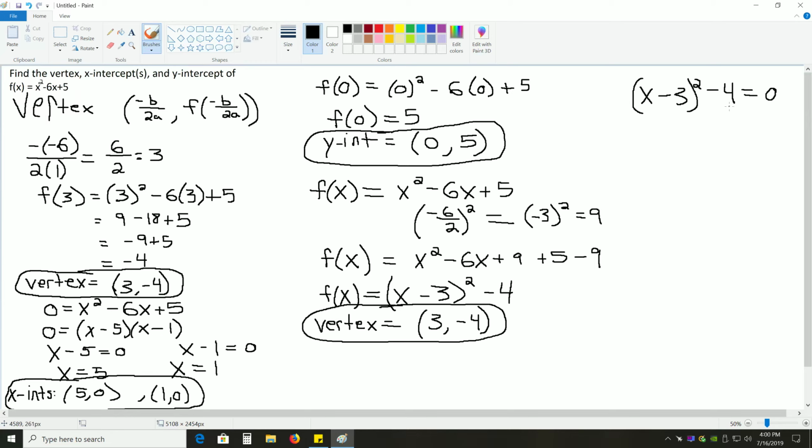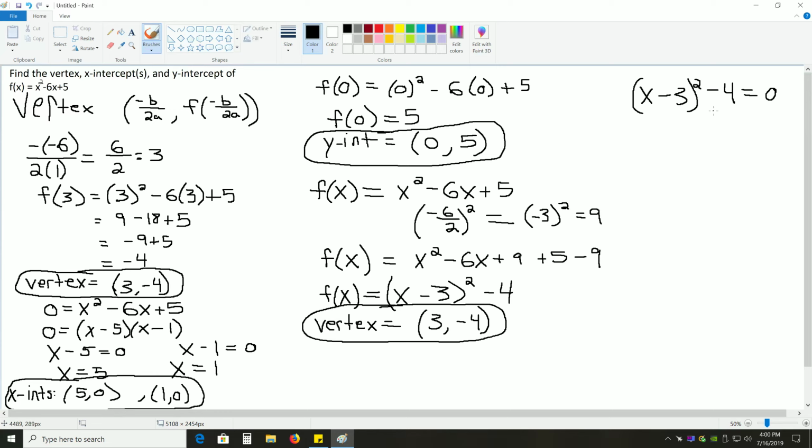Sorry, that was a typo earlier. That is when our x-intercepts will occur. Just like before when we solve for our x-intercepts, we set the equation equal to 0. We're doing the same thing here. We're setting this equation equal to 0. And this is just a rewritten form of what we originally started with.